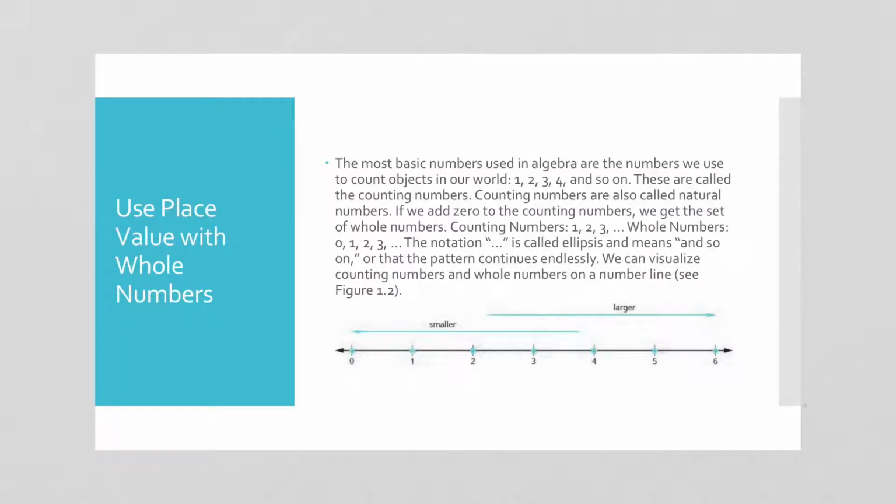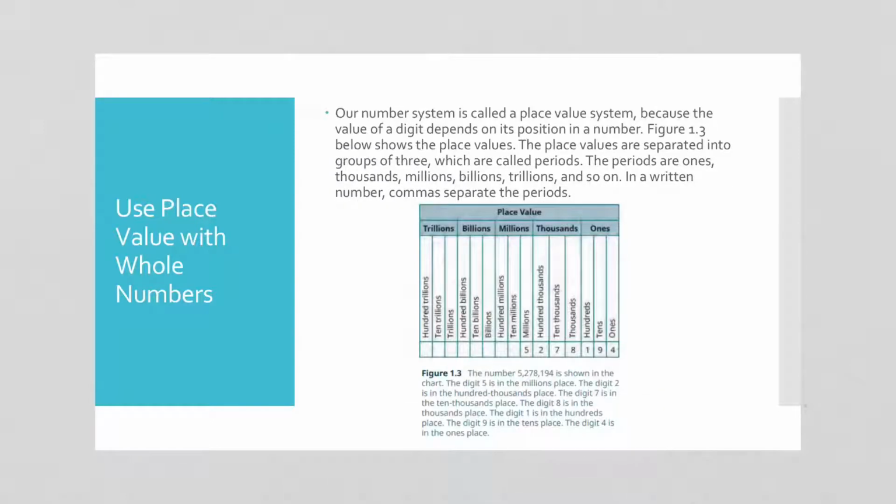Okay, so this page right here is really just talking about the number line. So you've got your larger numbers headed to the right, and your smaller numbers are going to the left. So our number system is called the place value system.